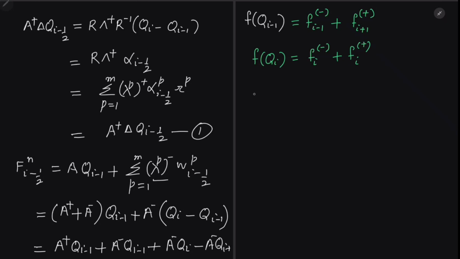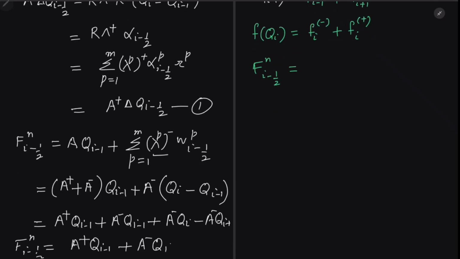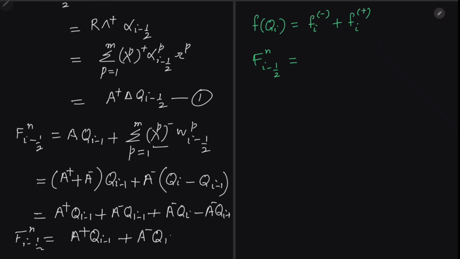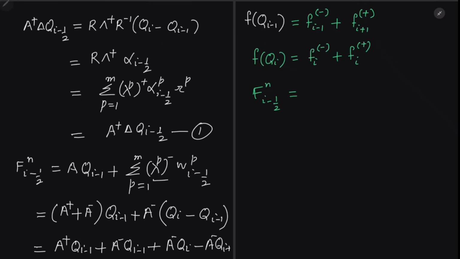So it means that F at i minus 1 half will be equal to, for example, this is i minus 1 half. At i minus 1 half, the flux can enter from the left side and from the right side.